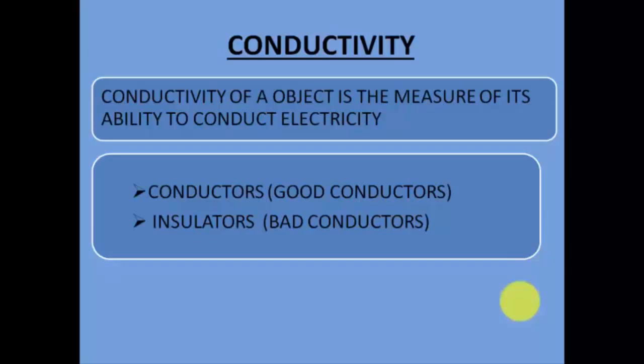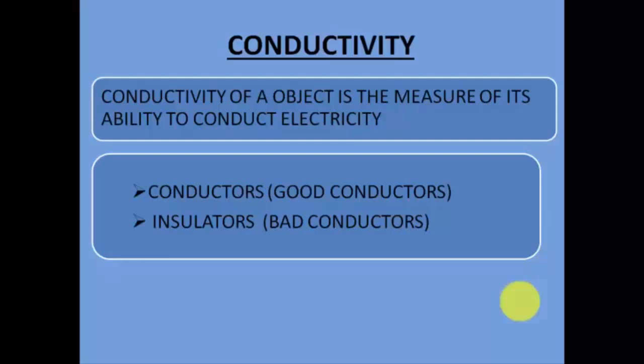Conductivity of an object is a measure of its ability to conduct electricity. Objects which allow electricity to pass through them are known as good conductors of electricity. However, other objects which do not allow electricity to pass through them are known as insulators, or bad conductors, that is, they cannot conduct electricity.